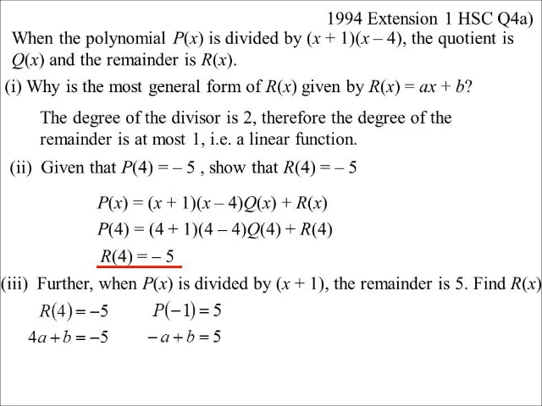See, the actual calculations there are not hard. It's coming up with the equations. I mean, that's where the work is. Solve them simultaneously. A is negative 2. I know a is negative 2. Have we worked out b? Not yet. Let's sub back in. So b must be 3. We know the remainder is ax plus b. So it's minus 2x plus 3. There it is.